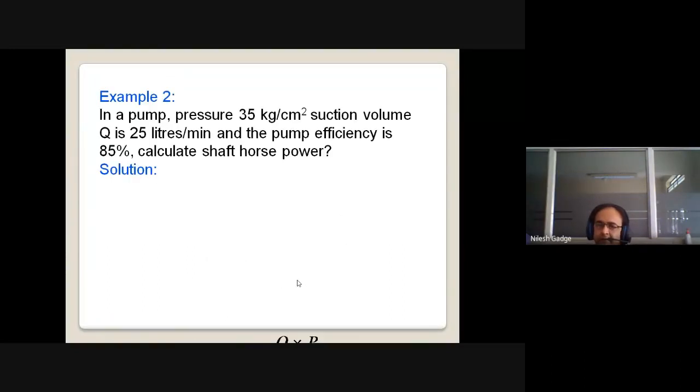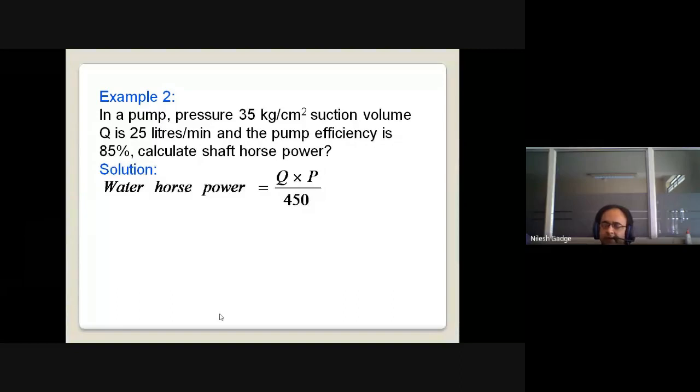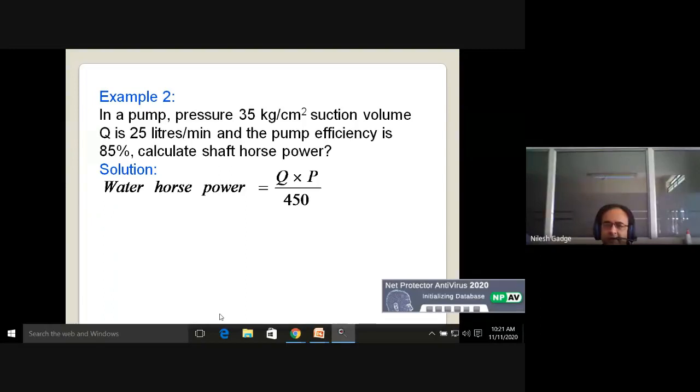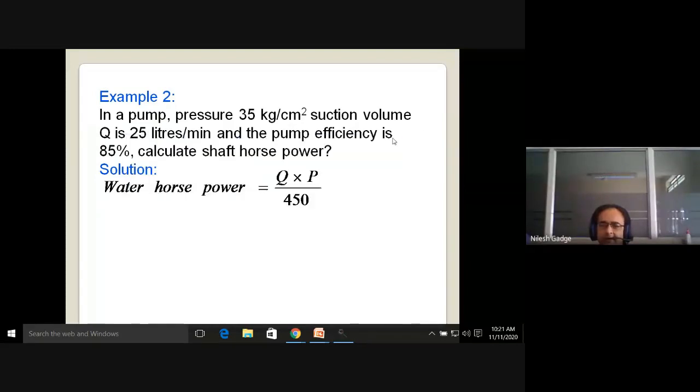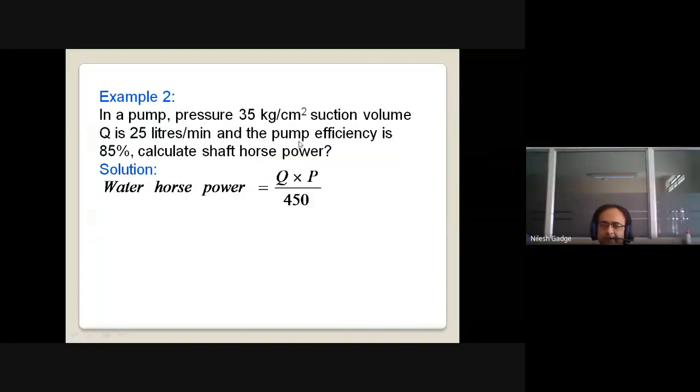So write down first of all the example. Second example. In a pump, pressure is given 35 kg per centimeter square. Volume Q, the discharge, is given 25 liters per minute, and the pump efficiency is 85%. Calculate the shaft horsepower SHP.